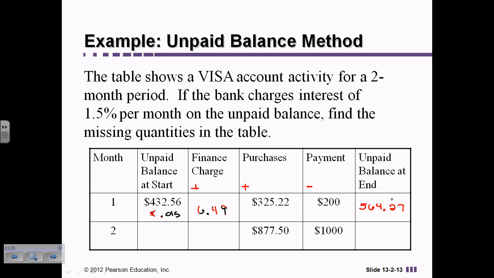That amount is what we consider to be the unpaid balance at the beginning of the next month. And so we're going to multiply that by the finance charge, the interest rate, and we're going to have a finance charge of $8.46, plus this purchase, minus the payment, which ends up with an unpaid balance of $450.23.